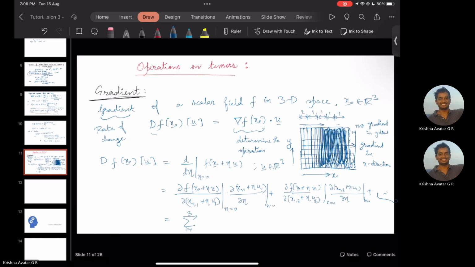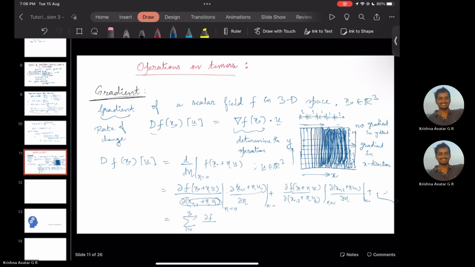And then we'll have partial f with respect to. Now what you see is that it involves an operation with respect to this. However, after doing the operation, all we are doing is just having this as f at x naught.